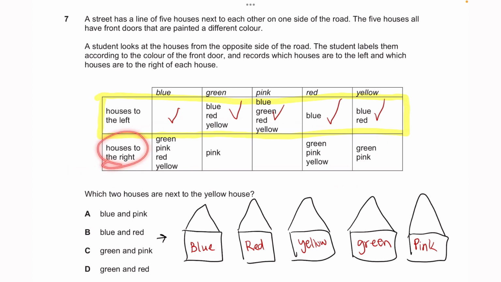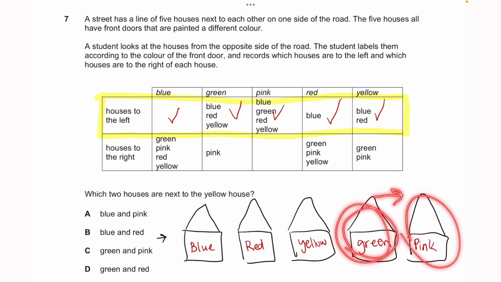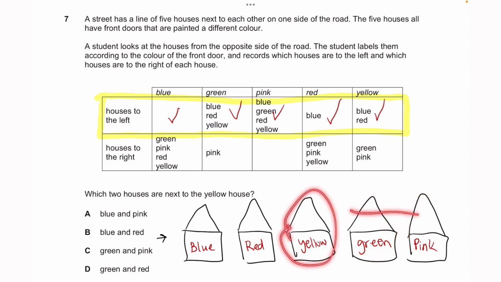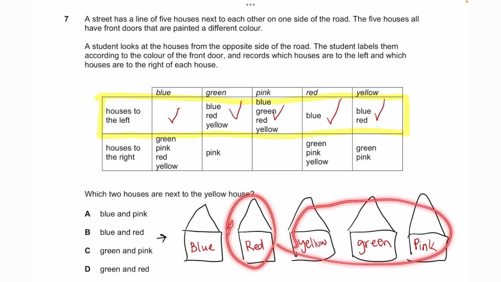And this is from the right, so looking at it from this direction. And so we can see that pink has no other houses to its right, and then the green house has the pink house on its right. The yellow house has the pink and green house as shown here. The red house has the yellow, green, and pink house, which is going this way.